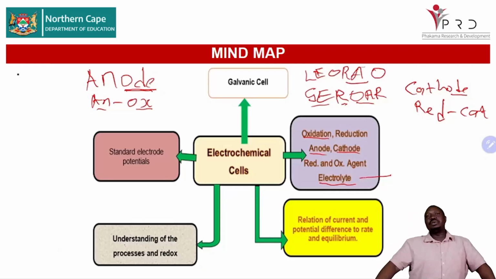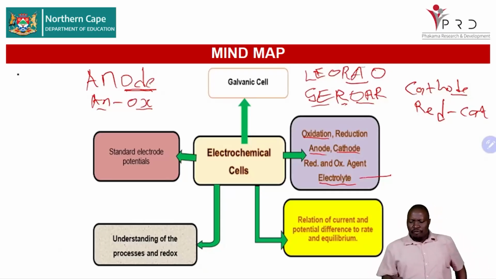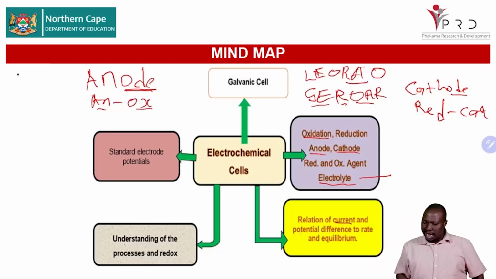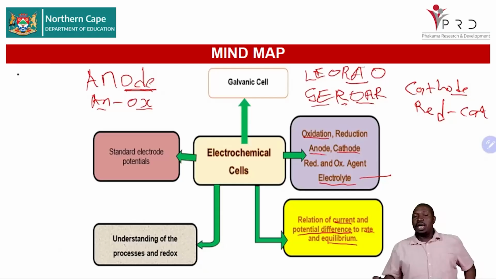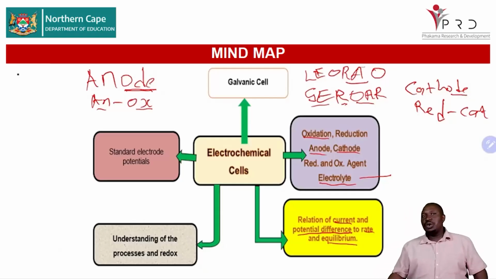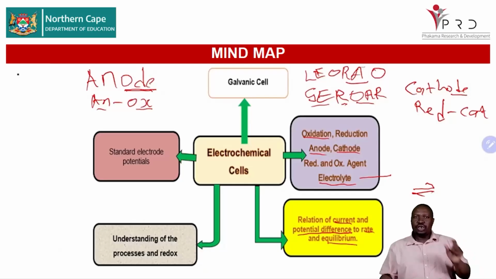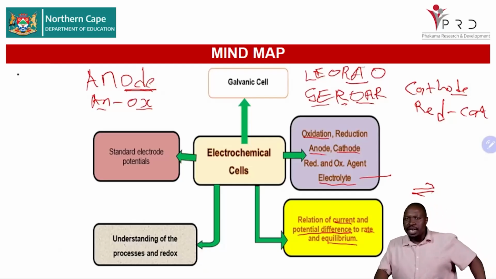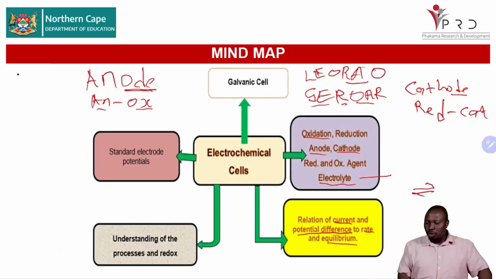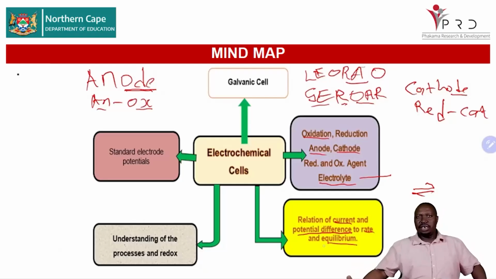And you must know the relation of current and potential difference to the rate and equilibrium. Hence, when you look at the tables, you will have seen that we have those reversible reactions. That shows you that we are talking about equilibrium here, and hence we will refer to equilibrium. When do we say we are reaching equilibrium?